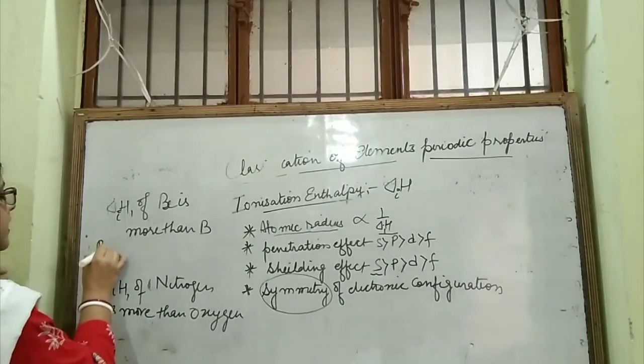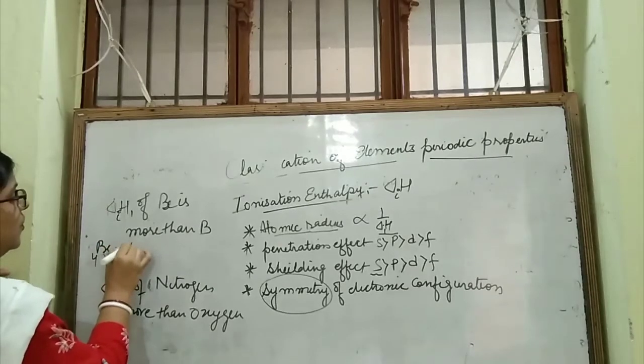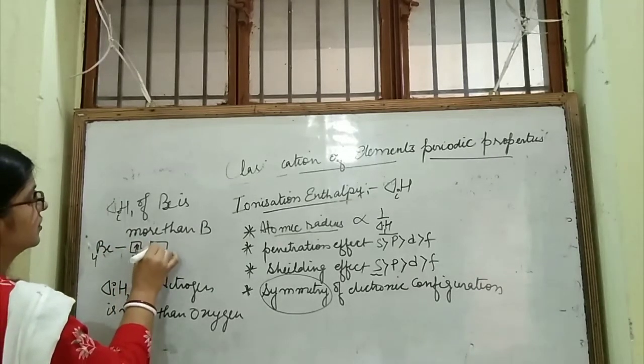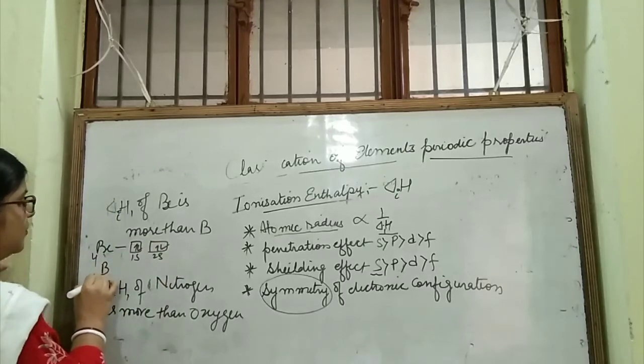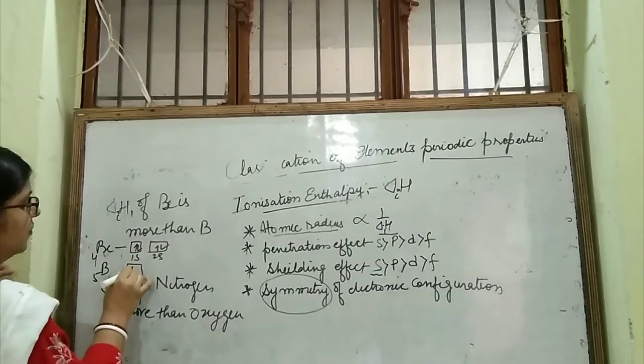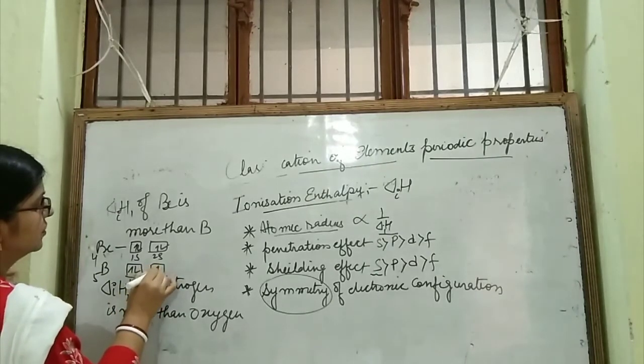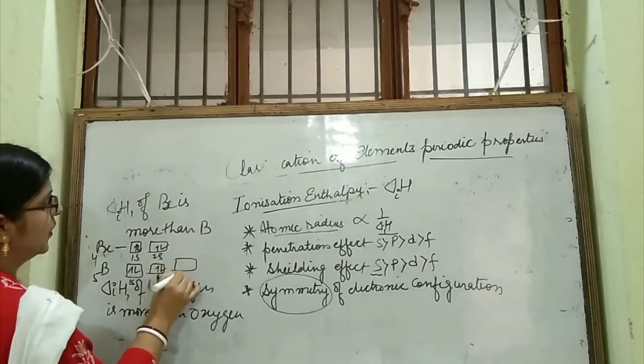Beryllium, atomic number 4, is 1s2 2s2. And boron, atomic number 5, is 1s2 2s2 2p1.